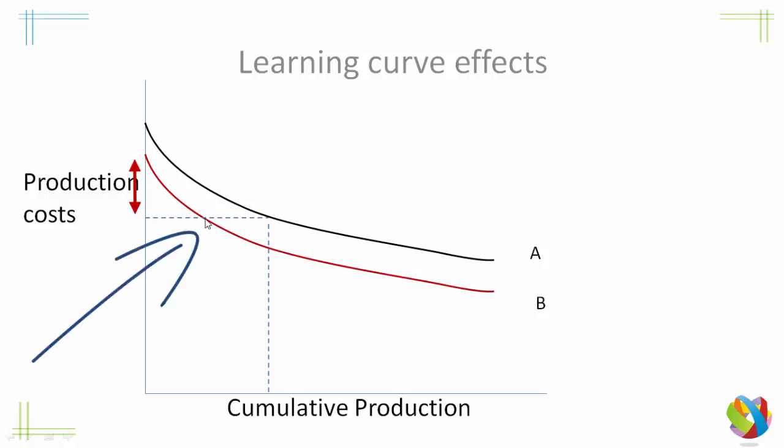B would have to be here before their production costs equal what A's production costs are now. This is a very important principle in new trade theory, because it tells us that being first has very powerful effects and can lead to quite significant advantages.